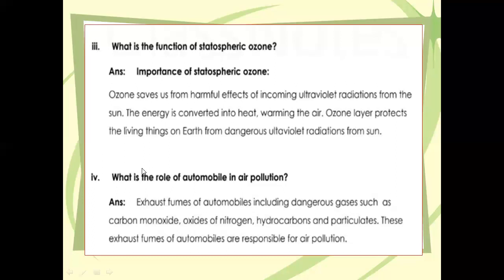Question number 4, what is the role of automobiles in air pollution? Exhaust fumes of automobiles include dangerous gases such as carbon monoxide. Incomplete combustion of gasoline or petrol produces carbon monoxide, which is a very toxic gas.